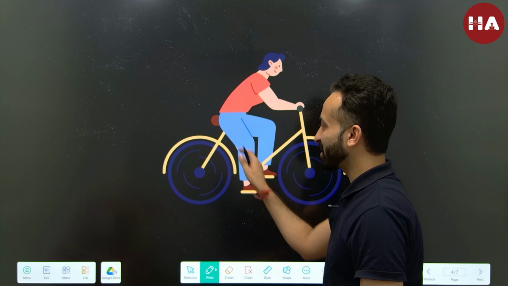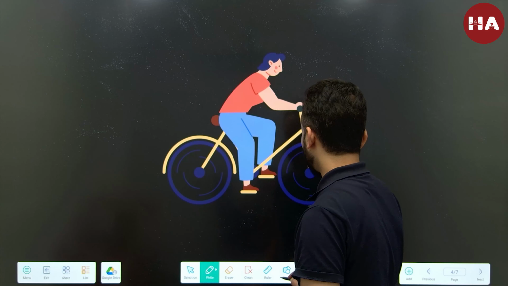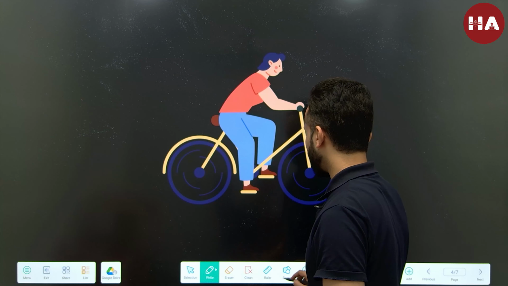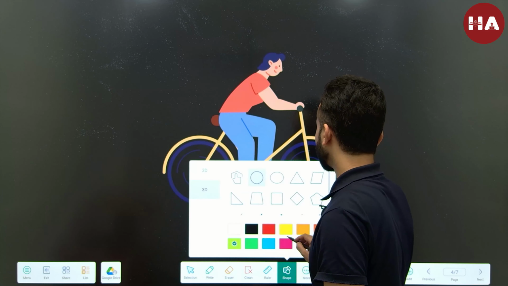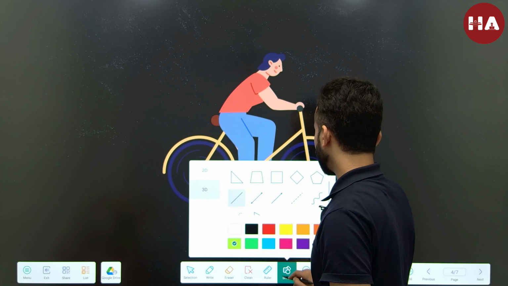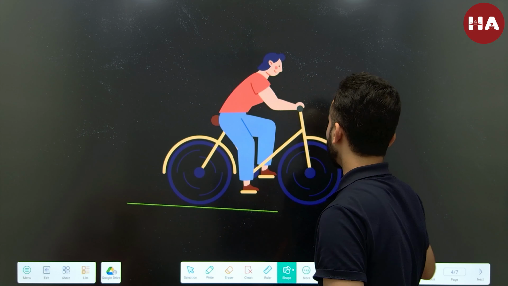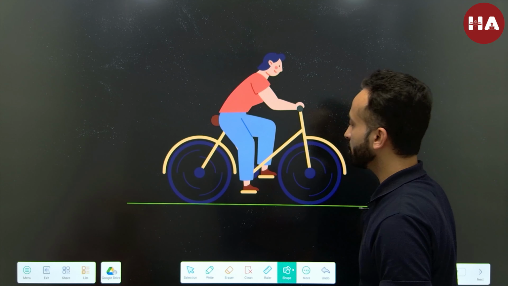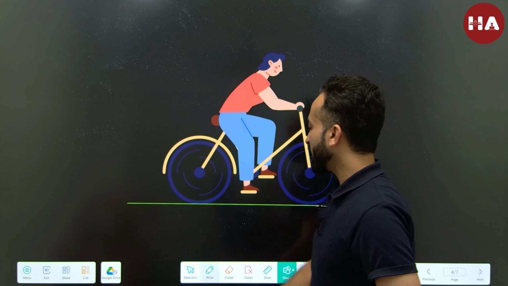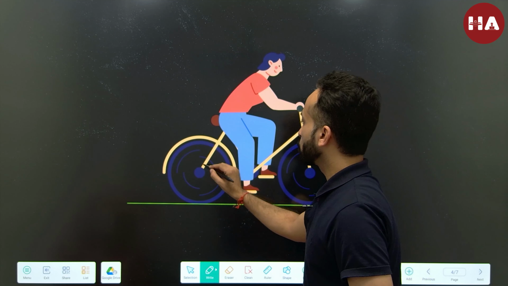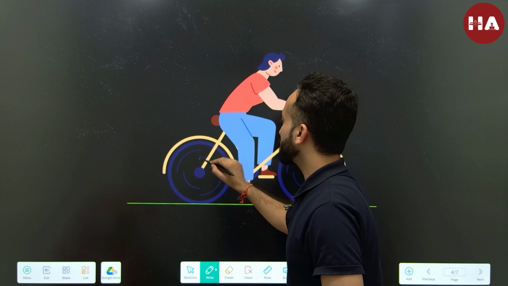So when we pedal the bicycle, let's put up a line here just to show it as a surface. Let's say this is the bicycle and this is the surface. Now imagine you pedal and therefore you rotate the back wheel.